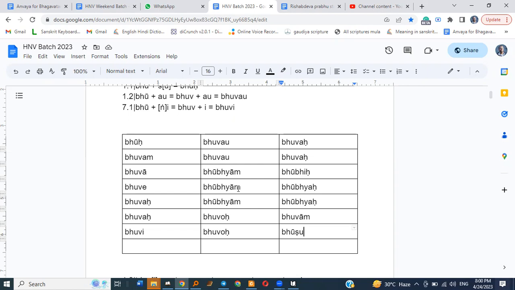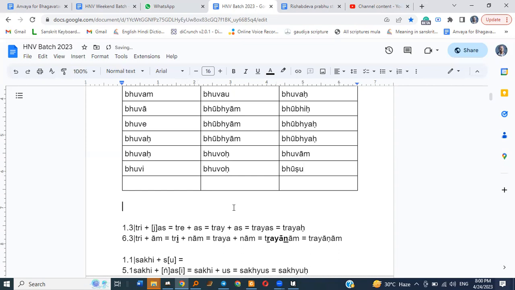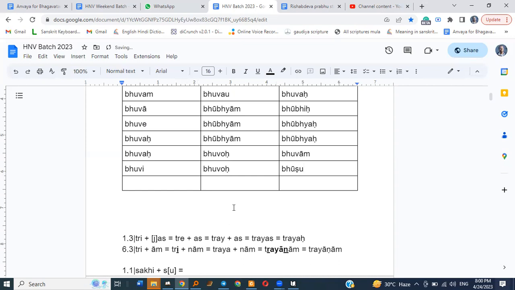So Bahulam simply means that sometimes there is a rule, and sometimes that rule is applied, sometimes that rule is not applied. Sometimes something else is applied in the place of that rule, and sometimes that rule itself is applied optionally. So these four things are given, which we understand as Bahulam. So what are the four things?